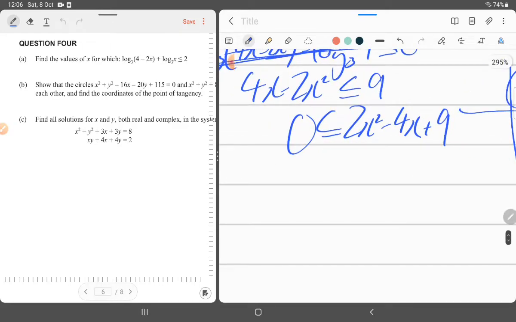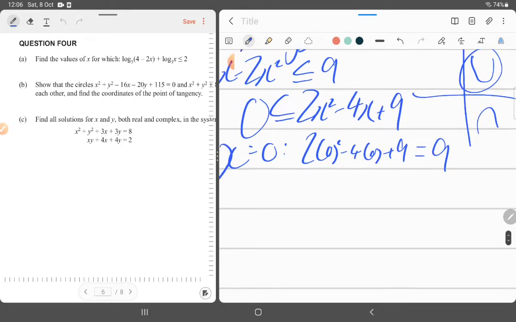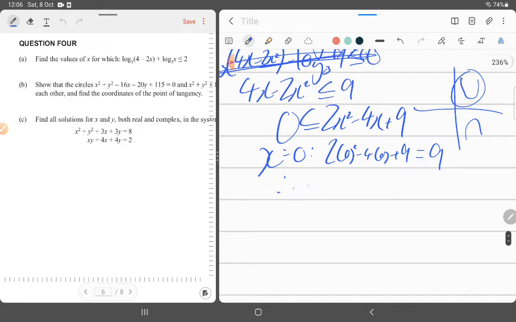Then I just say x equals 0: 2 bracket 0 squared, take away 4 bracket 0, plus 9, which is equal to 9.